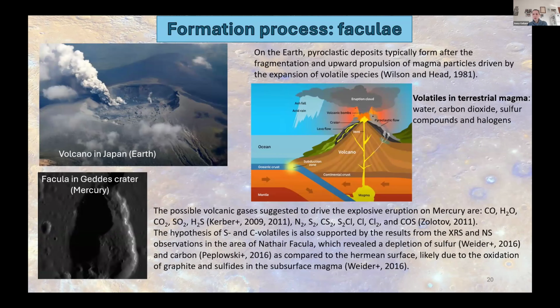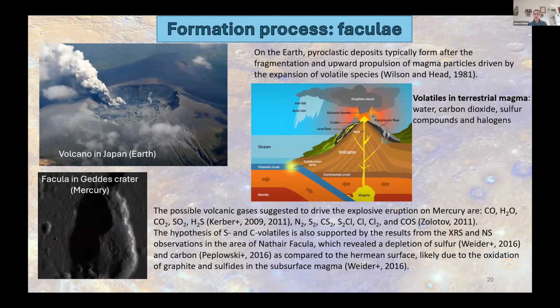What is the formation process of these two units? Concerning the facula, on the Earth, pyroclastic deposits typically form after the fragmentation and the upward propulsion of magma particles, driven by the expansion of volatile species.